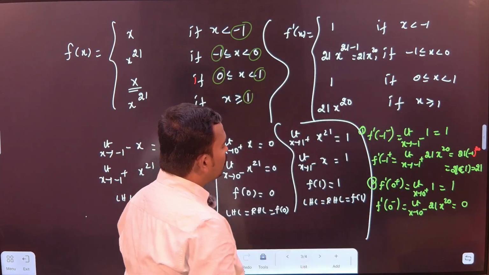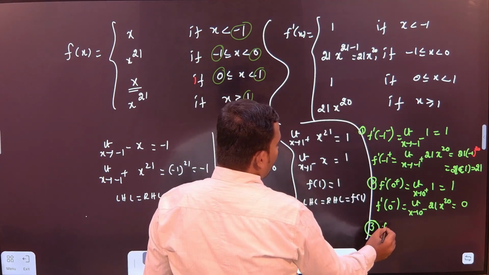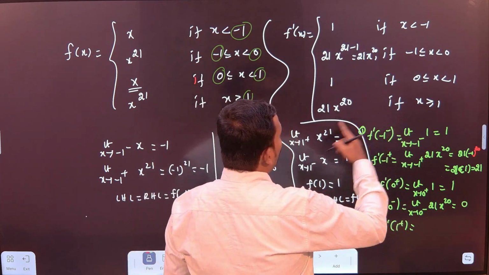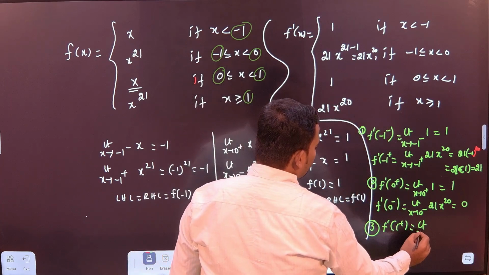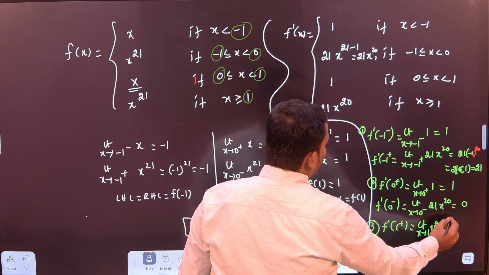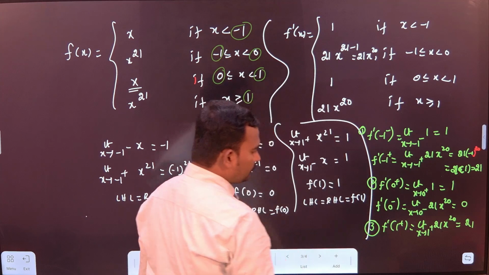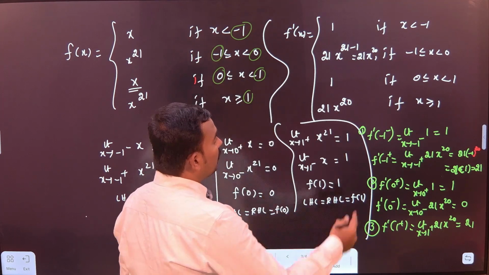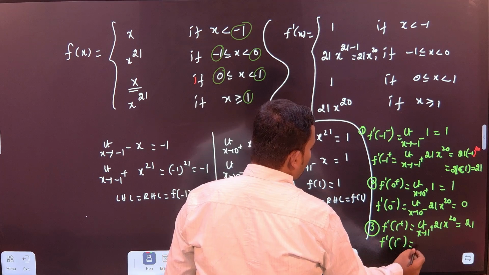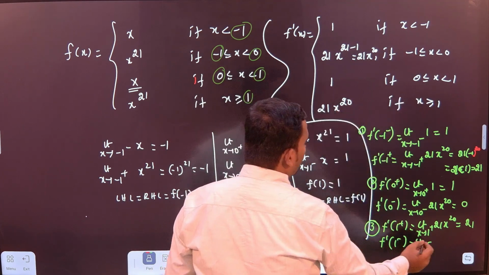The same way you have to check the third one. F dash of 1 plus you can check. 1 plus means more than 1. That is limit x goes to 1 plus of 21 into x to the power 20, that is 21. Clear? When you apply the 1 minus, f dash of 1 minus, that is limit x goes to 1 minus, means less than 1, that is 1.